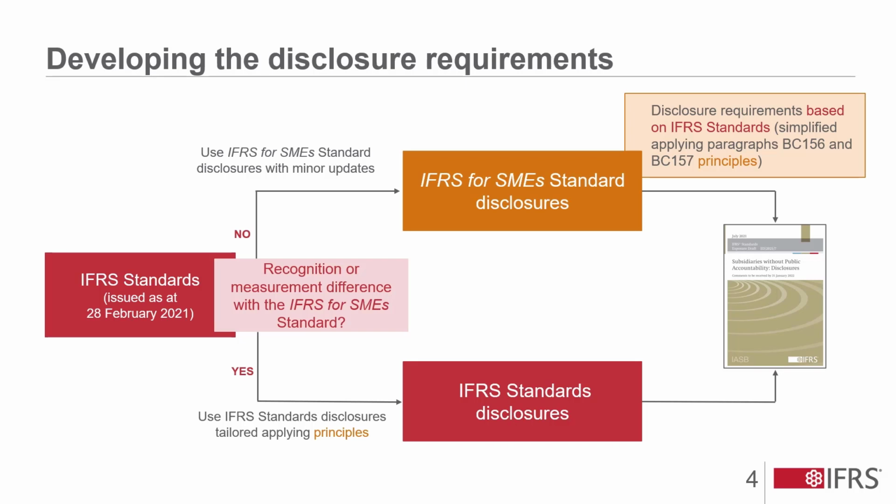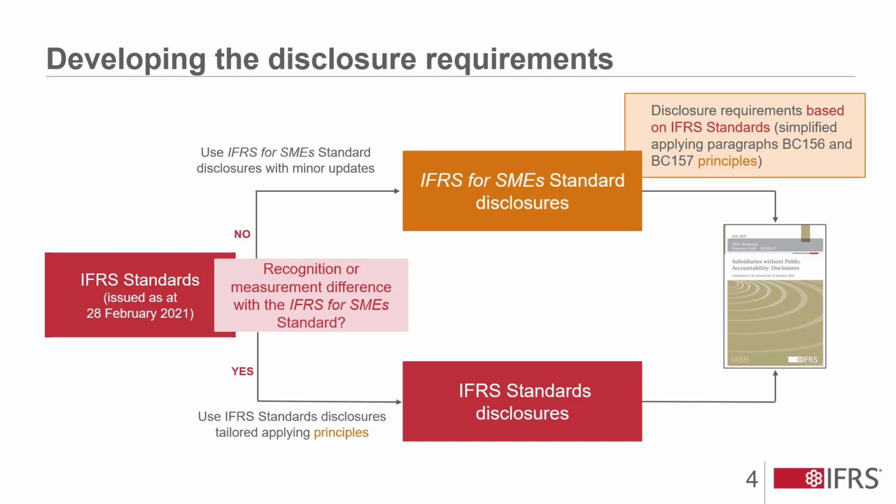For example, the board needed to add disclosure requirements for subsidiaries applying the revaluation model in IAS 38, as the IFRS for SMEs standard does not include that accounting policy option, and hence includes no related disclosure requirements.